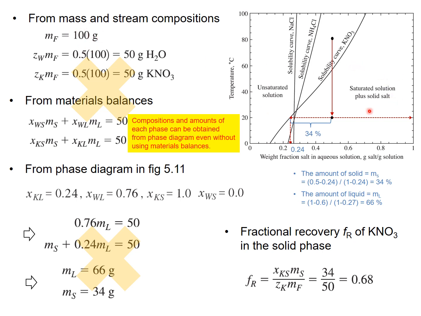So the mass of solid is 34 gram, and 66% of 100 gram is going to the liquid by the inverse lever rule. So the mass of liquid is 66 gram. So right now you have calculated every composition and the amount only by using the phase diagram. Of course, you could use the mass balance equations.